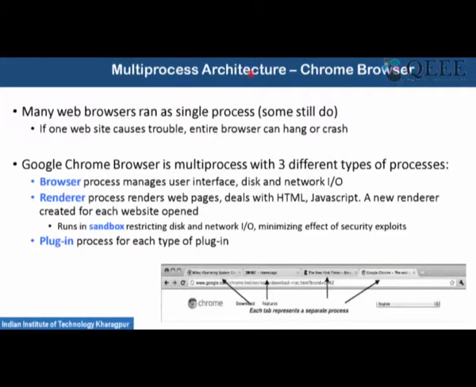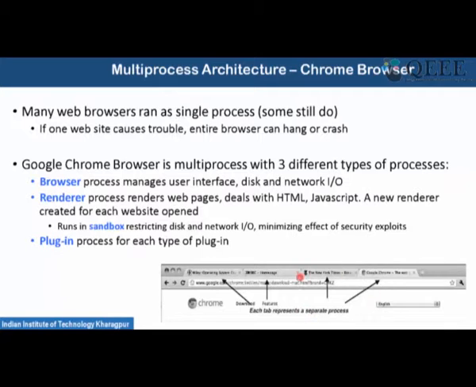Okay, one example of this multiprocess architecture is the Chrome browser, where you have multiple processes like the browser process, which manages the user interface. You have the renderer process, which actually renders the web pages and deals with HTML and JavaScript. Then you can have multiple plugin processes, say multiple plugins installed in the Chrome browser, and those plugins are doing their job, so each can be a separate process.